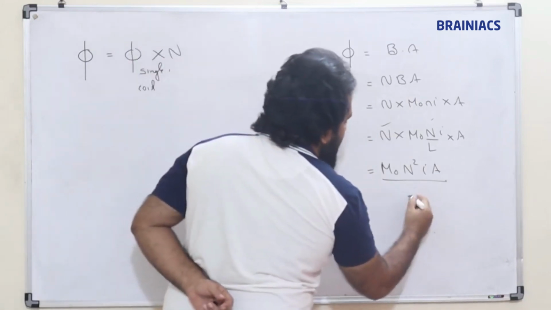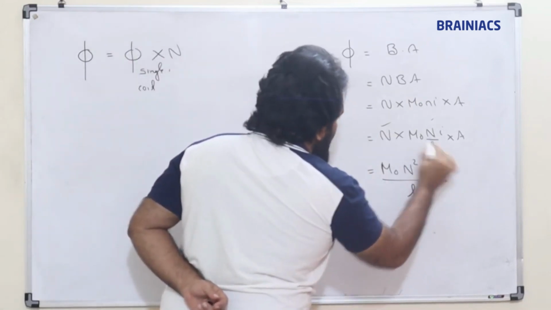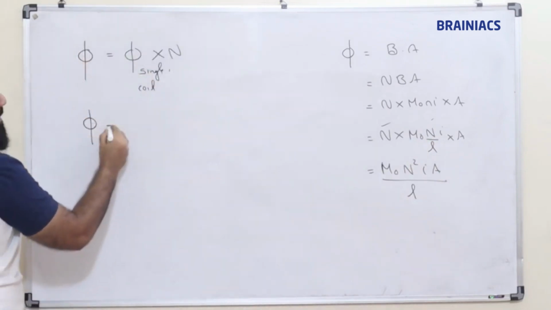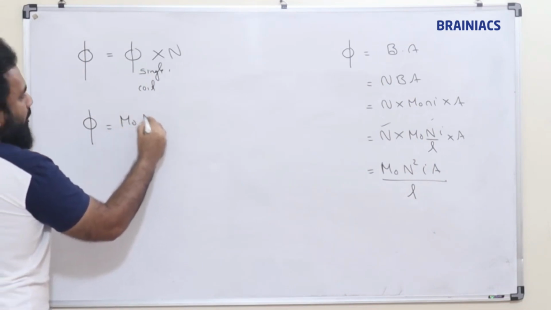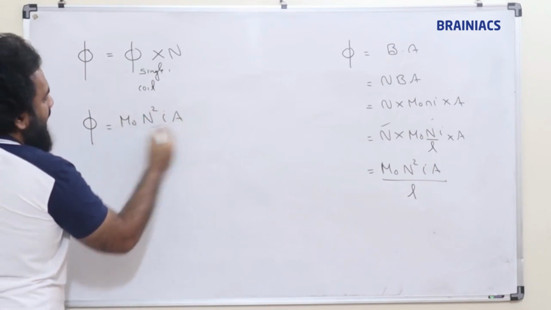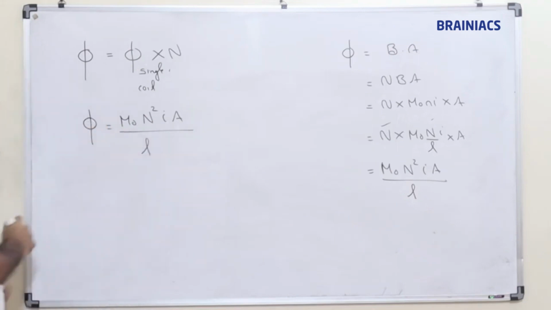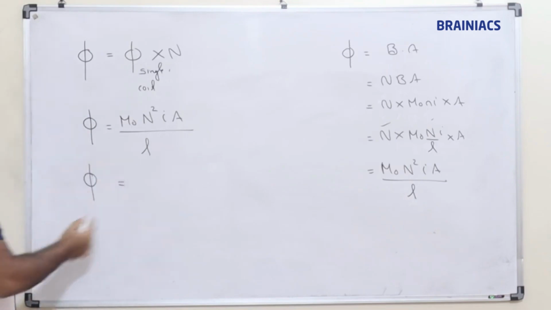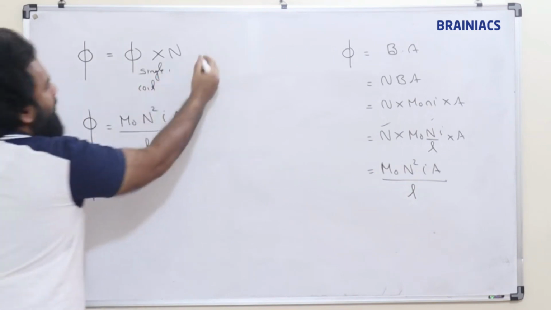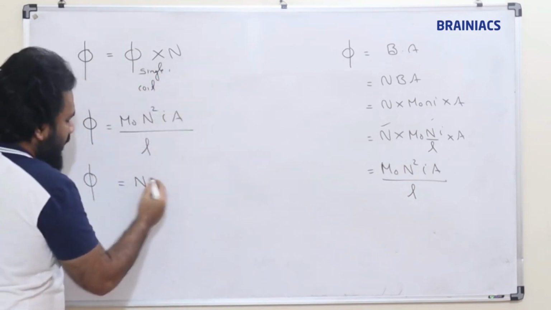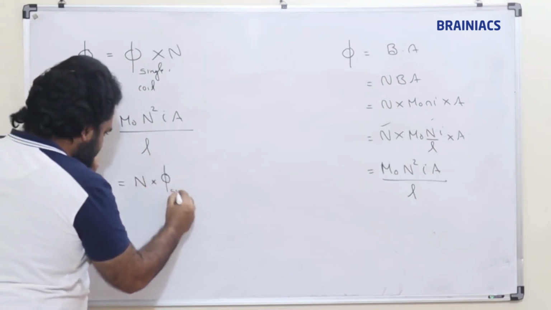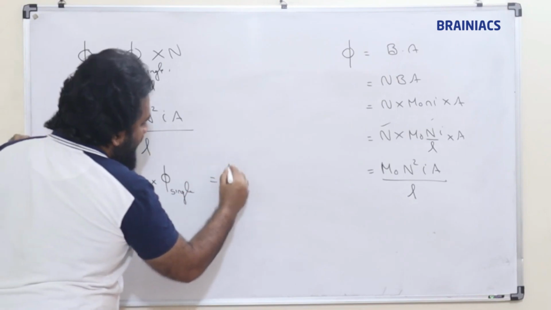Length we will put as a small letter l. Clear? Now we have already seen that total flux is N times the flux through a single coil, which is equal to Li.